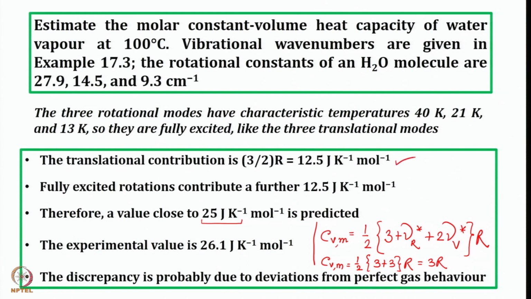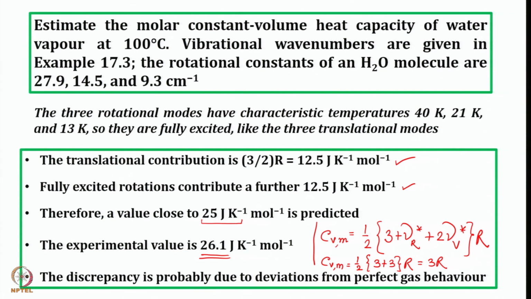Translational contribution 3 by 2 R, rotational contribution 3 by 2 R. So, 12.5 plus 12.5 is 25 joules per Kelvin per mole. This is predicted. The experimental value is 26.1 joules per Kelvin per mole. So, there is a difference of about 1.1 joules per Kelvin per mole, which is not very large.